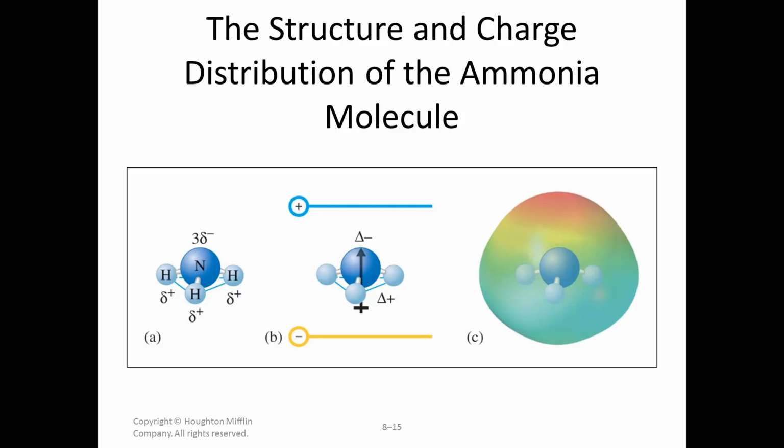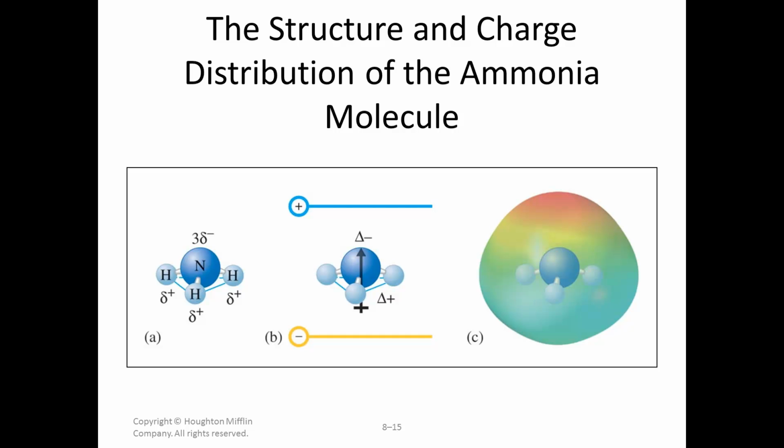The ammonia molecule has a lone pair of electrons on nitrogen. We have a high electron density on nitrogen, as is shown by the delta minus. We have areas of low electron density on hydrogen, as is shown by the delta plus.